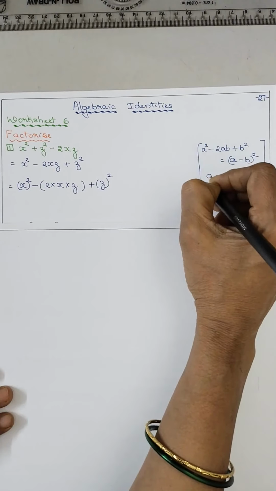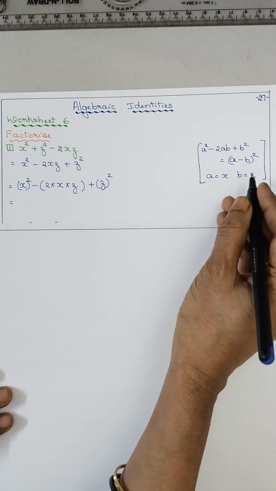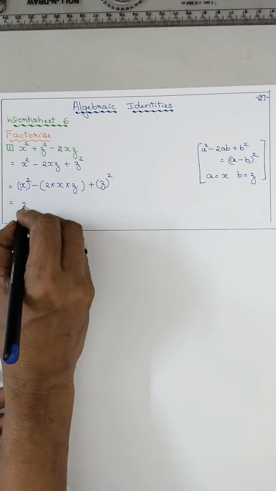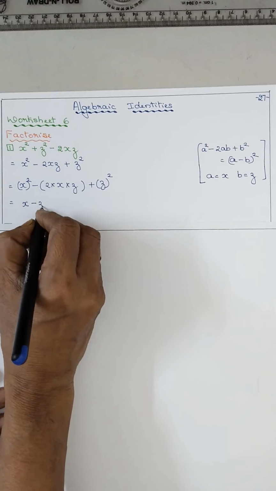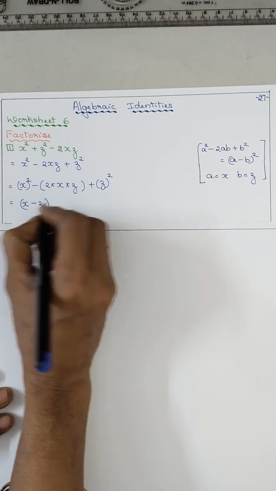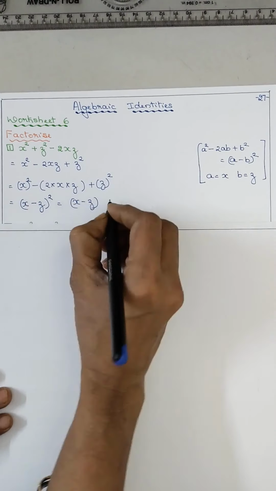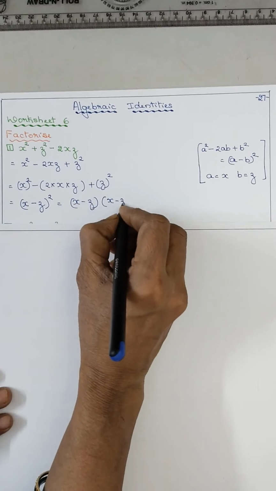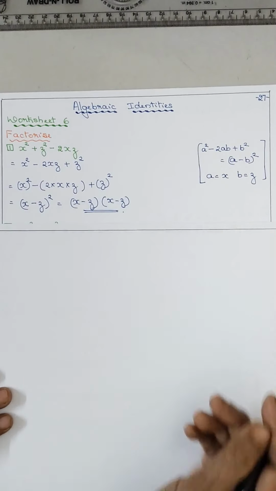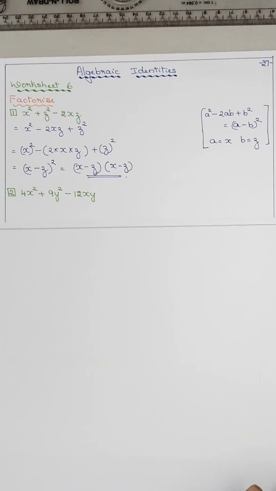So it fits into the second identity, that means a minus b the whole square. A minus b, that is x minus z the whole square. That is x minus z into x minus z. Square means you have to write 2 times. Understood?